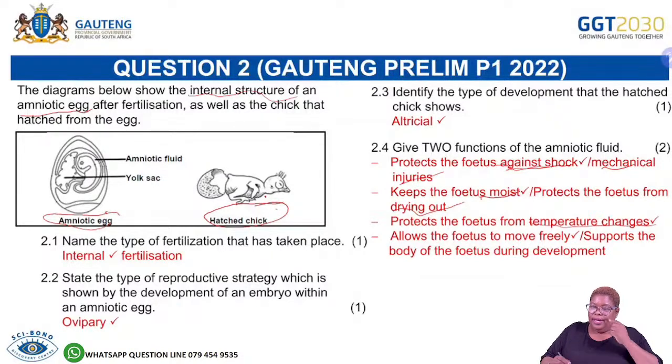All right, and then the last one: amniotic fluid allows the fetus to move freely. Remember, in our second bullet we said it keeps the fetus moist. Therefore, it also allows the fetus to move freely.